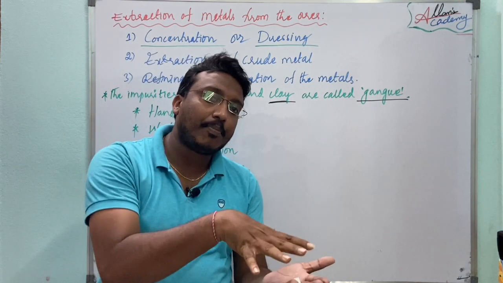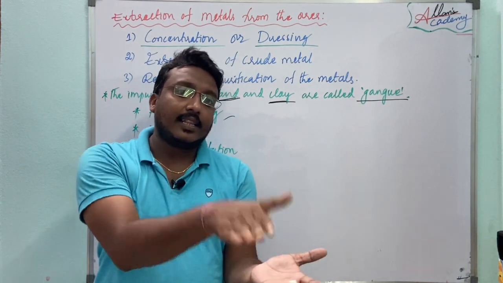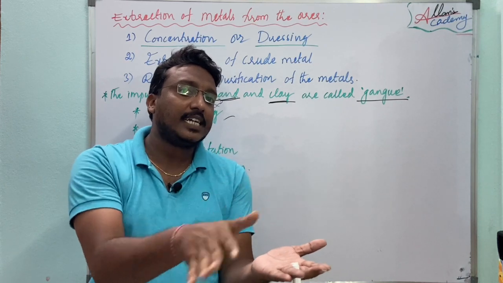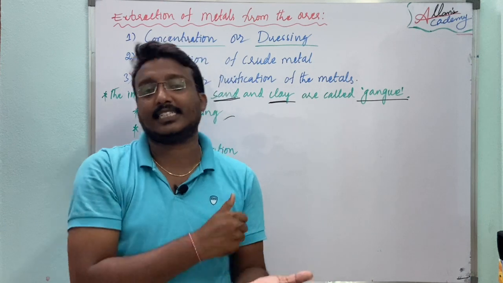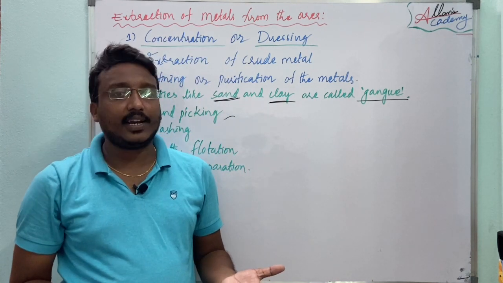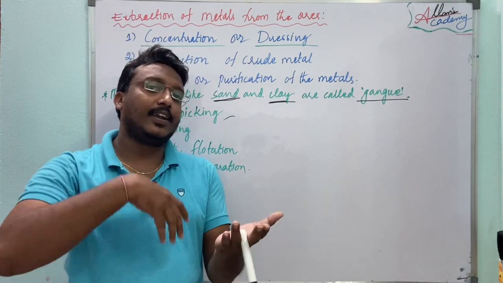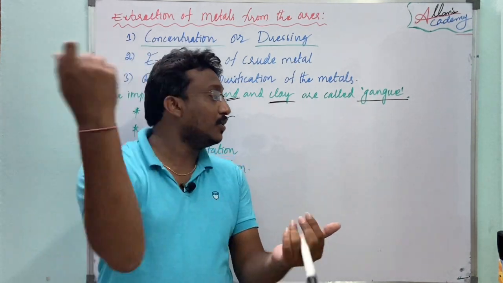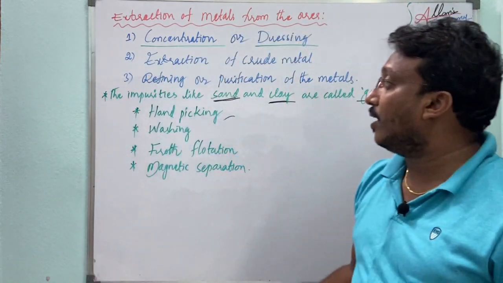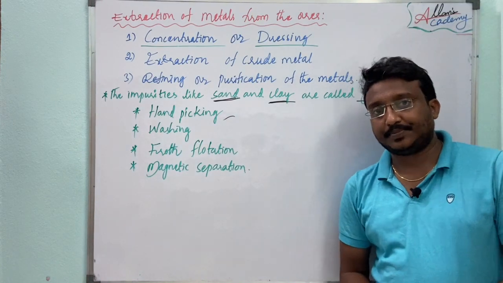It is possible when the impurity present in the ore is different in color, different in size, or different in shape. Then only can we apply this hand picking method.